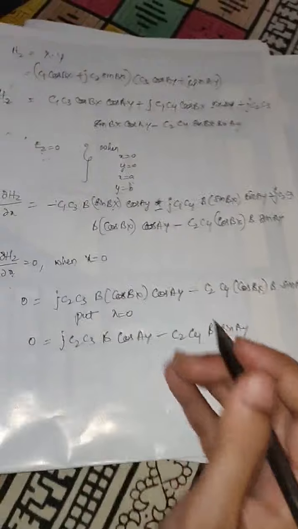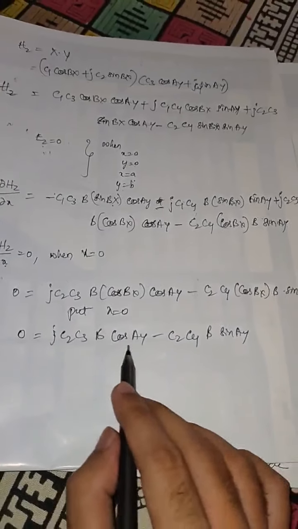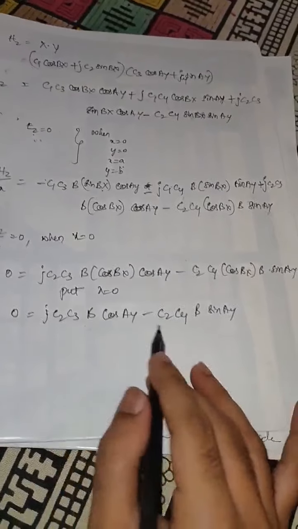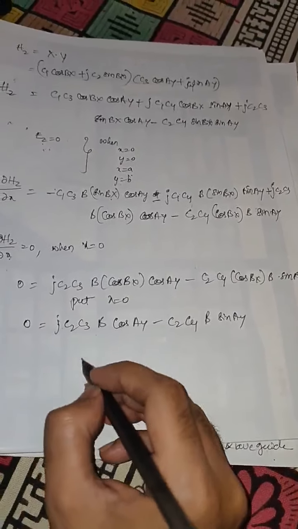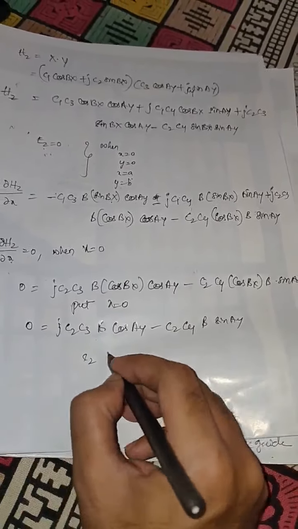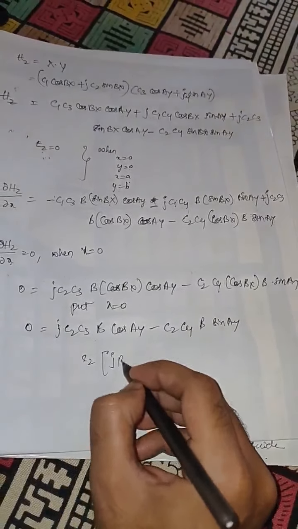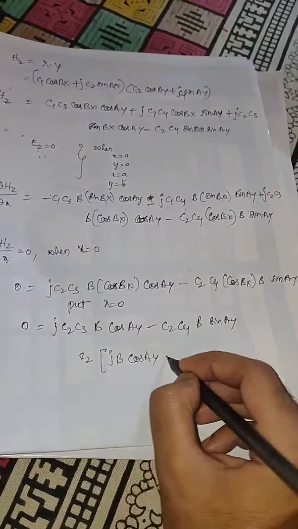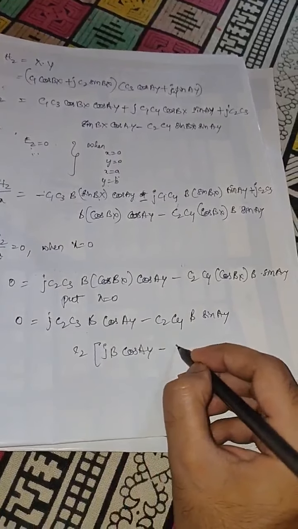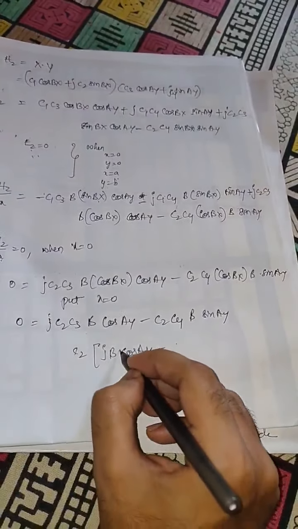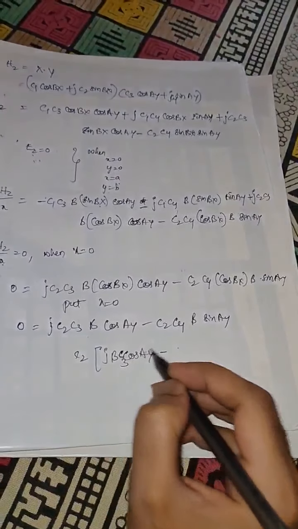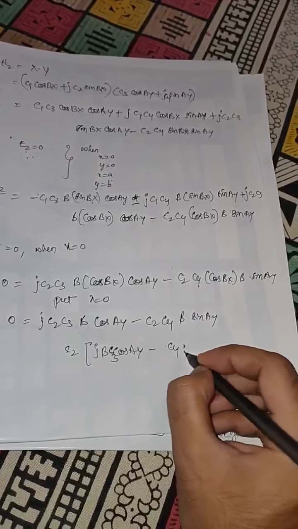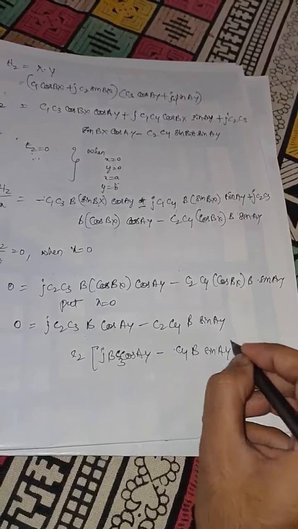Okay, so from this equation you observe that c2 and b are common, so take out the common values. So you'll get c2 b times (j c3 cos ay minus c4 sin ay).